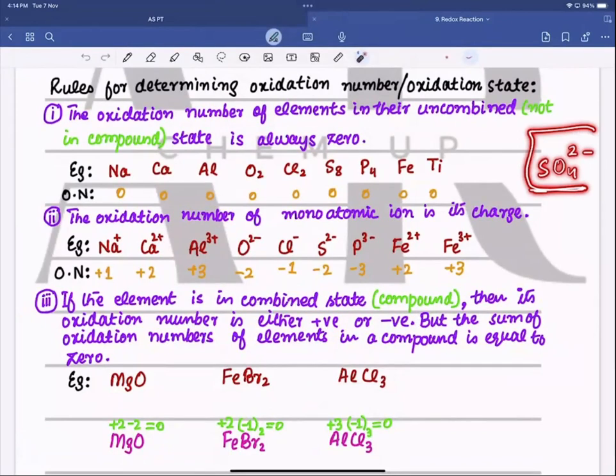So we call it a polyatomic ion. Poly means many. But if I write O with a 2- charge, how many atoms are there? One. One means mono. A monoatomic ion is an ion which contains only a single atom.